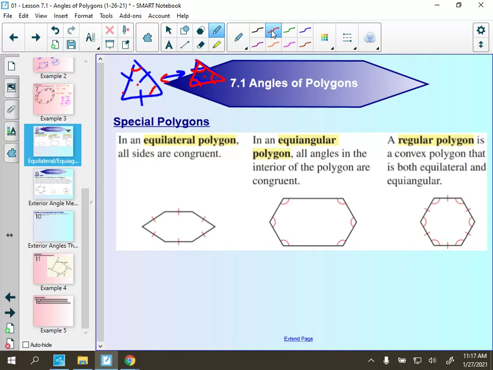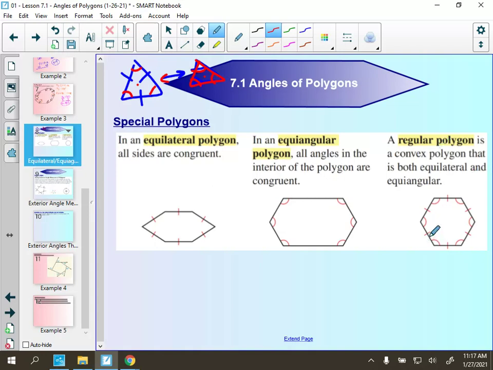With other polygons, though, you can have a hexagon that's equilateral but not equiangular. You can have a hexagon that's equiangular and not equilateral. When these two concepts come together, it's called a regular polygon, which is a little bit counterintuitive.